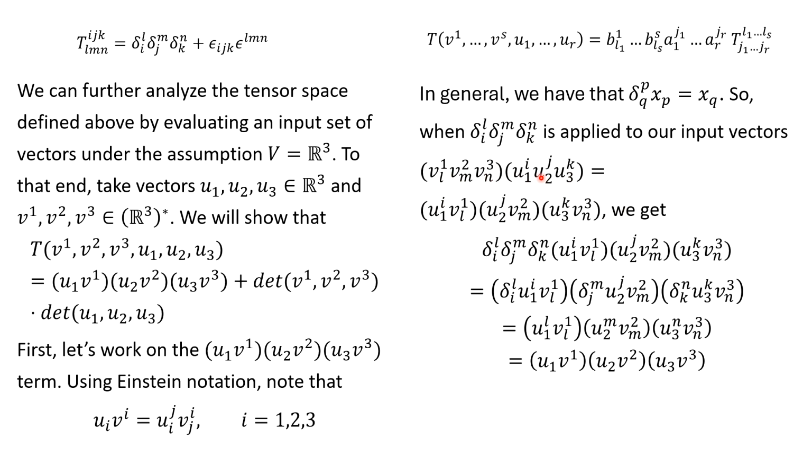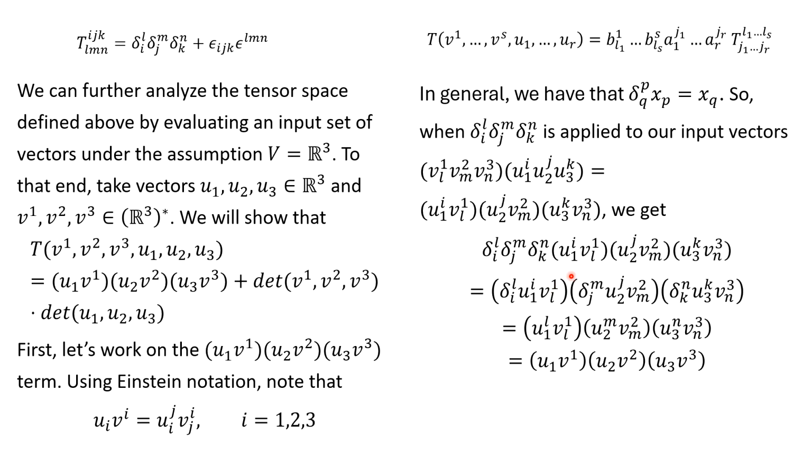Remember, these are just all scalars since we're taking one component at a time. So I put the U1 was V1, the V2 was U2, and V3 was U3. So this equals this. Then we apply this to this here.